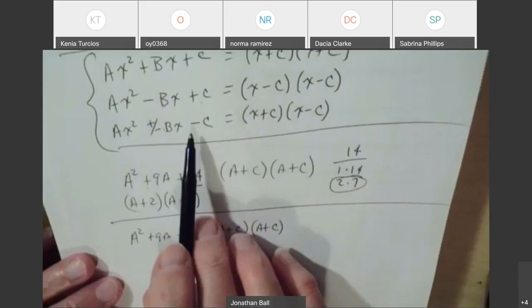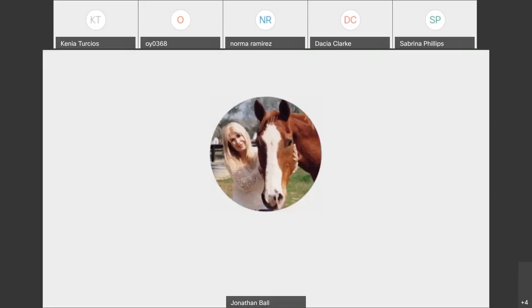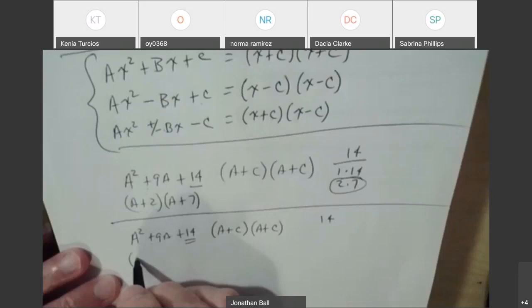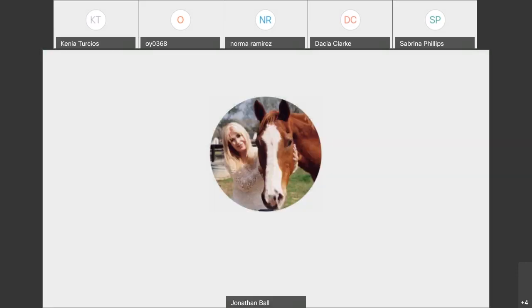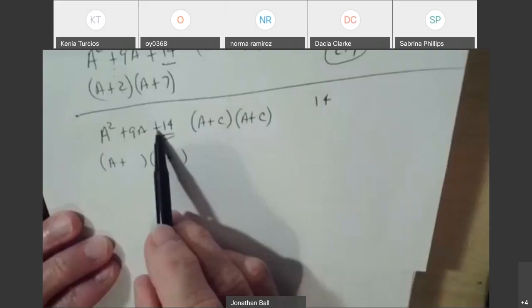Okay, so what we do is we take 14, because we're going to have a plus something and a plus something. Right? Because everything in here is positive, our two terms here are both going to be positive.